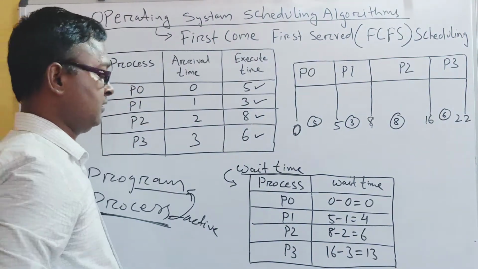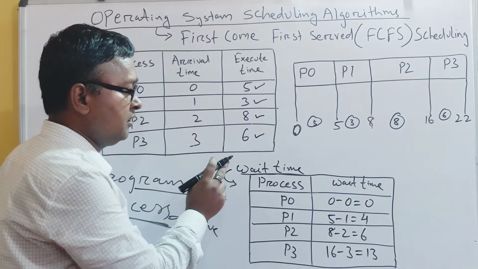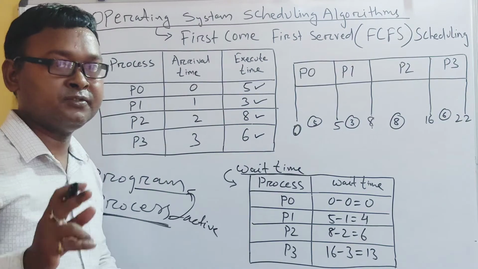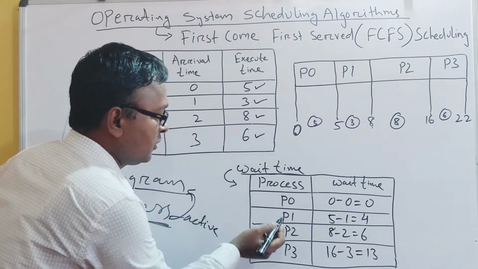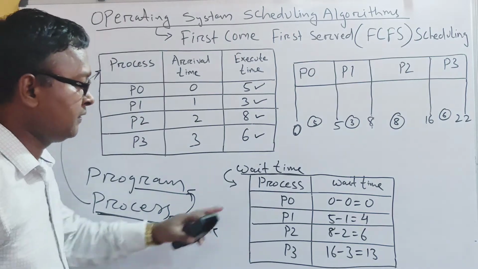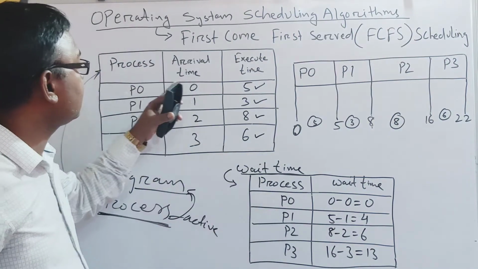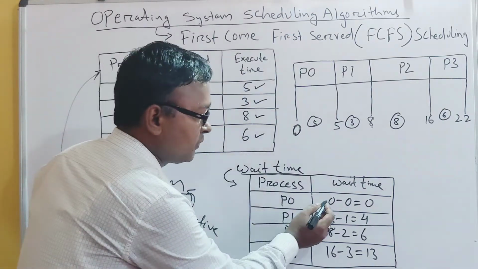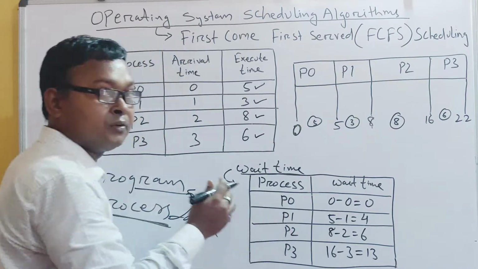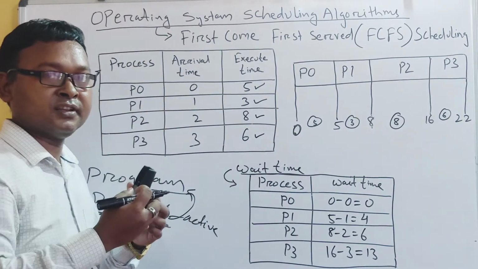Okay? Understood? So let us try to find out the waiting time of individual processes. What is the waiting time for P0? As P0 has entered first, there is no waiting time for P0. Waiting time is the time spent waiting to acquire the processor for execution.